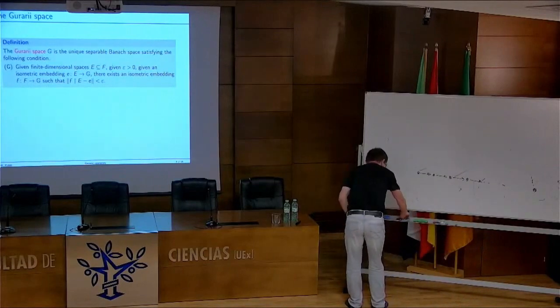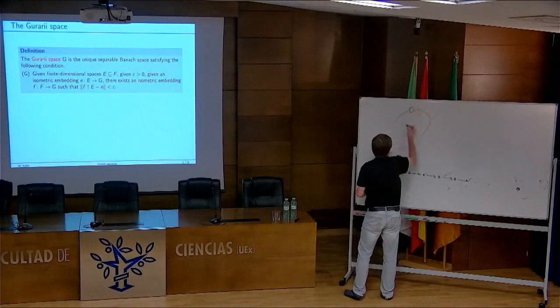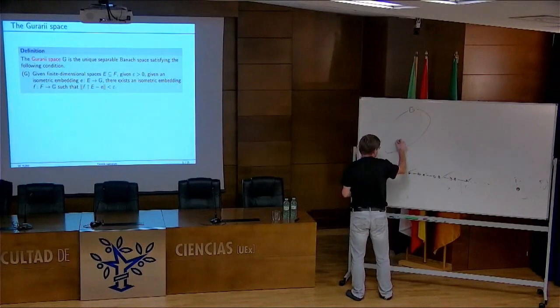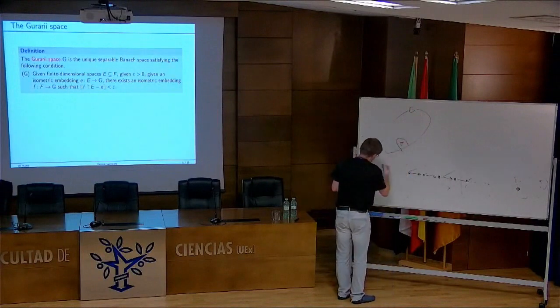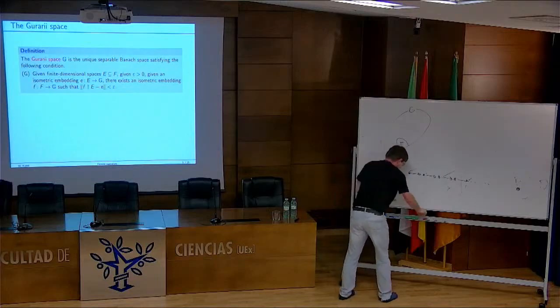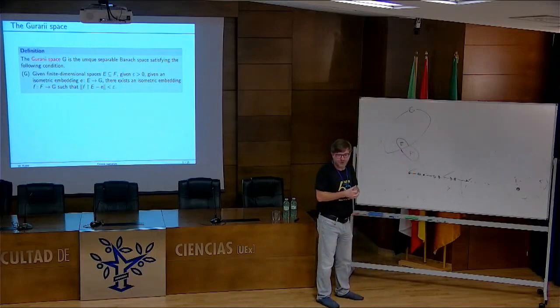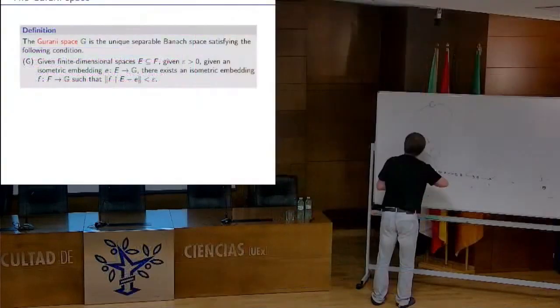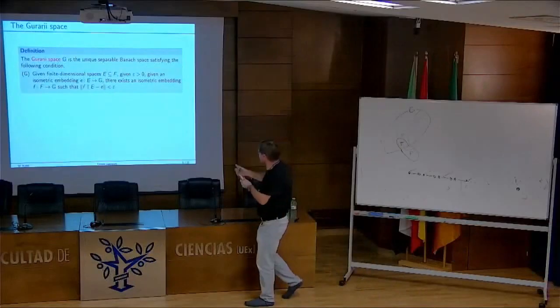And it has this property that you give me any finite dimensional space, any finite dimensional extension of it, so making some small error, epsilon error, I can find a copy of this, yeah, which is close, maybe F tilde, is what it says.